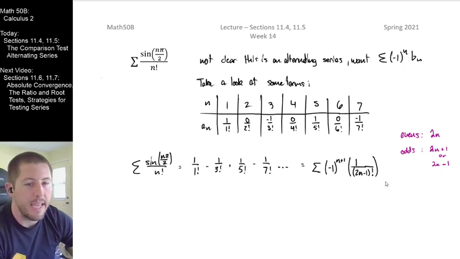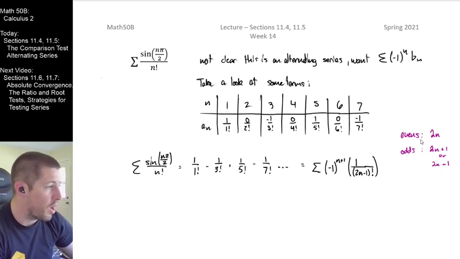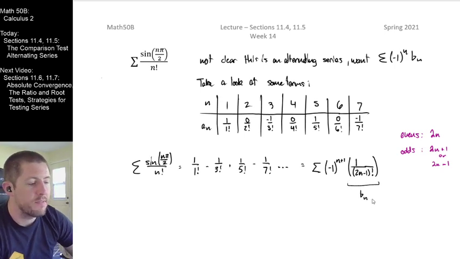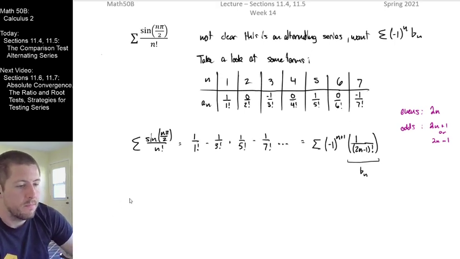Again, these are pretty common things. Anytime you identify evens or odds, this is almost always a good way to describe a general even number or a general odd number. So we've got our expression right here. It looks like this is now the b sub n of interest to us for using the alternating series test, which I think I can do because we're now clearly in alternating series form.